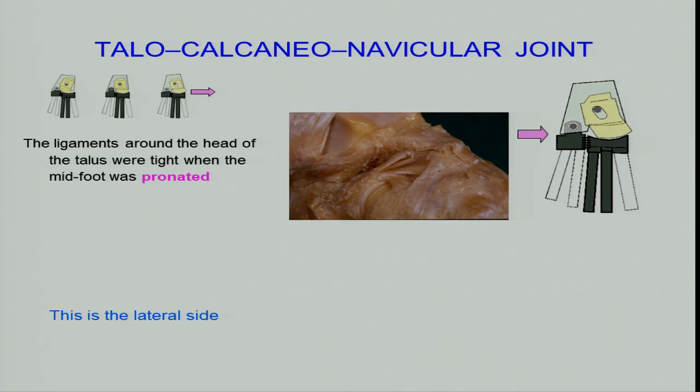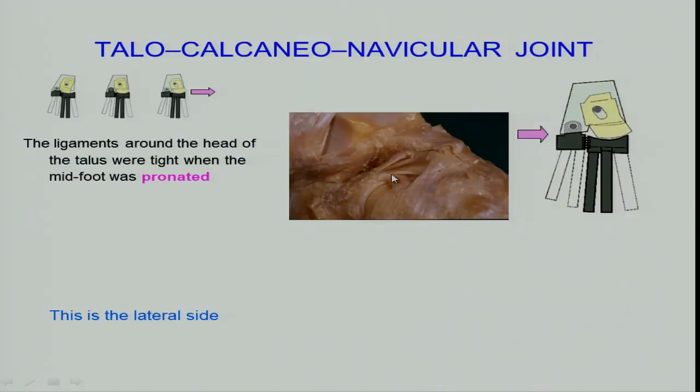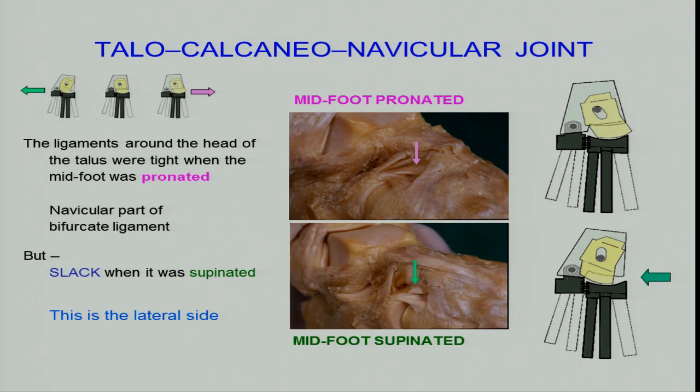We looked on the lateral side, and all the ligaments in the lateral side of the talo-calcaneo-navicular joint, there's the dorsal aspect, the lateral part of the bifurcate, there's the navicular part, that's the interosseous, and that's the cervical. They're all tight, in pronation and inward angulation. And then we supinated the midfoot.